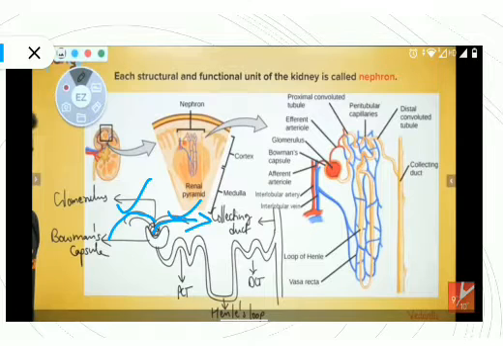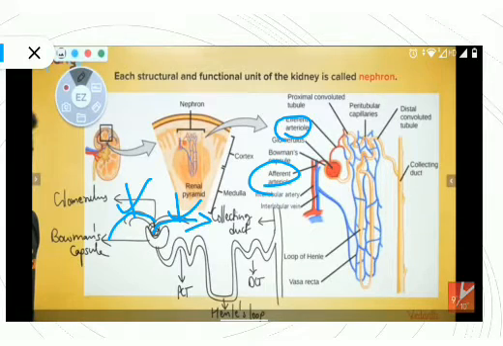This blood vessel is called the afferent arteriole, and this one is called the efferent arteriole. The efferent arteriole is where the blood comes out from the Bowman's capsule, and the afferent arteriole is where the blood moves in for filtration.